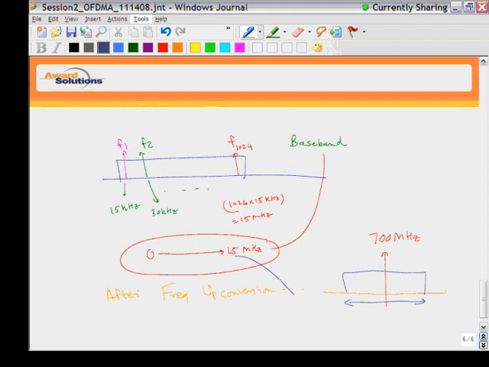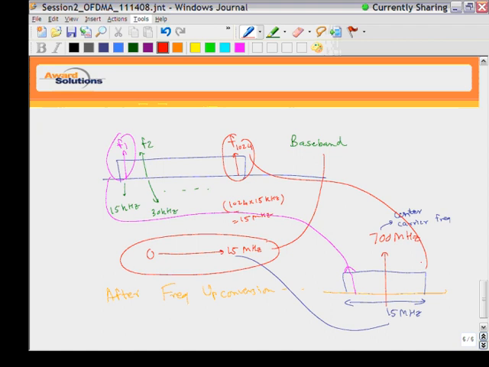So now we will occupy that spectrum at 700 megahertz. This would be the center carrier frequency, and of course this F1 will be the first one here, and the last, number 1024, will be here. Hopefully that answers your question in sufficient detail.